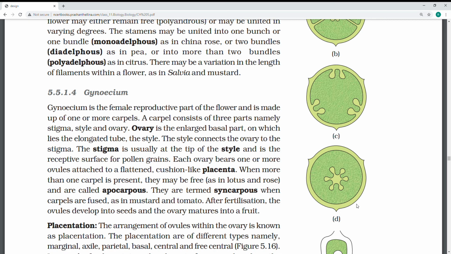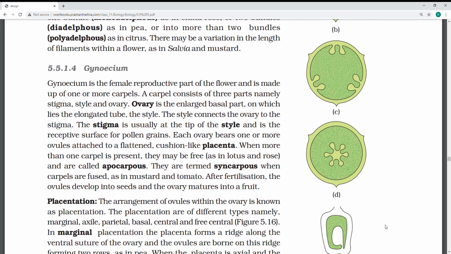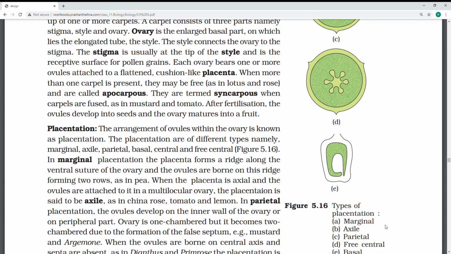The next type is free central. In free central placentation there are no chambers. You have to mention this as the first point.